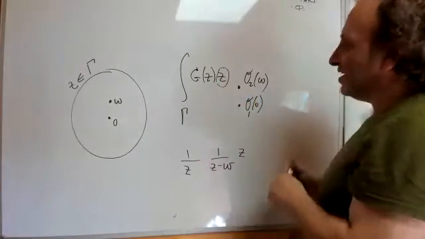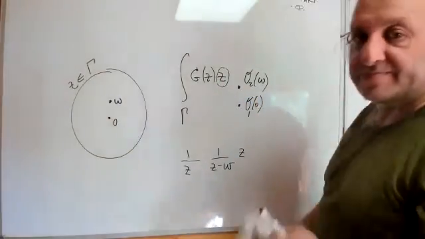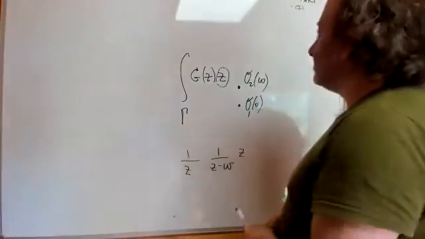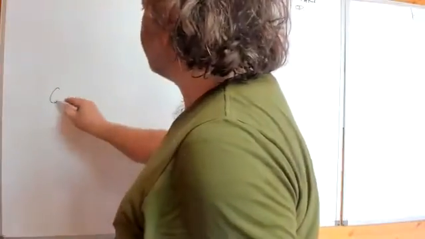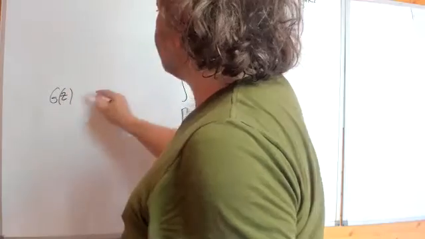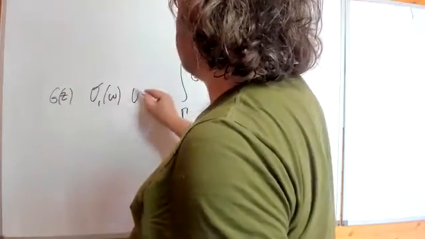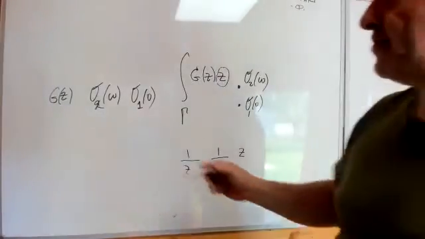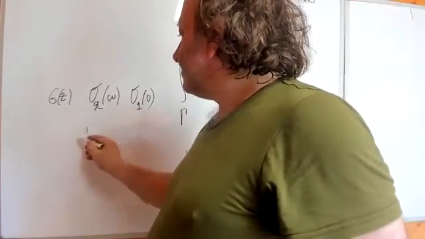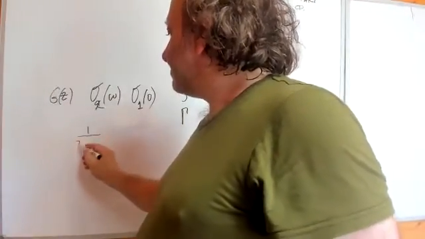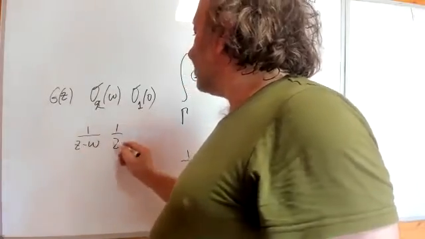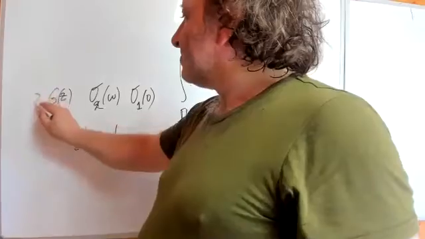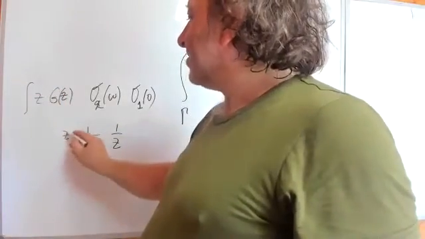So just imagine that I have the following product expansion. Something that contains Z minus W, 1 over Z. I want to put Z upside.